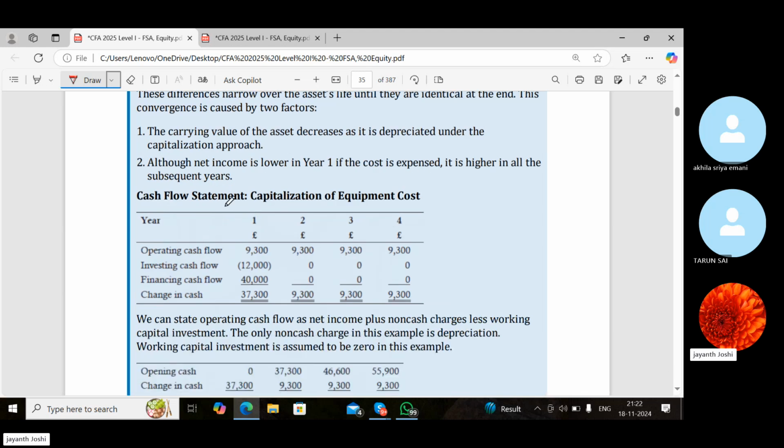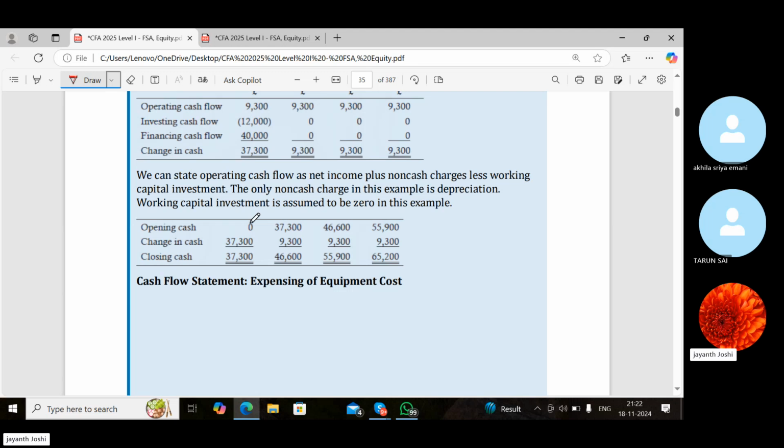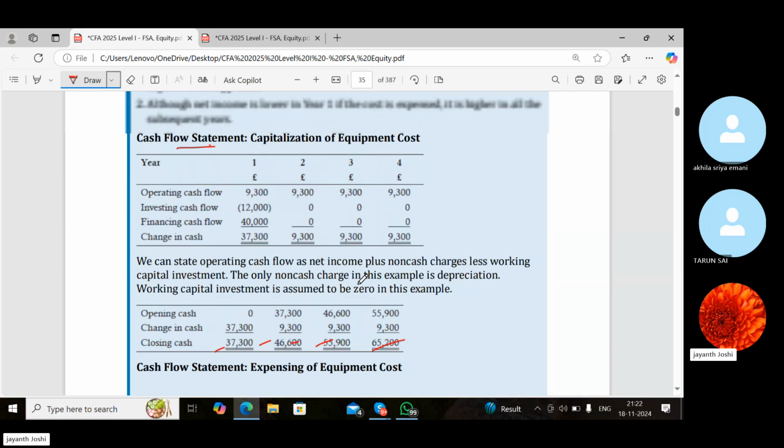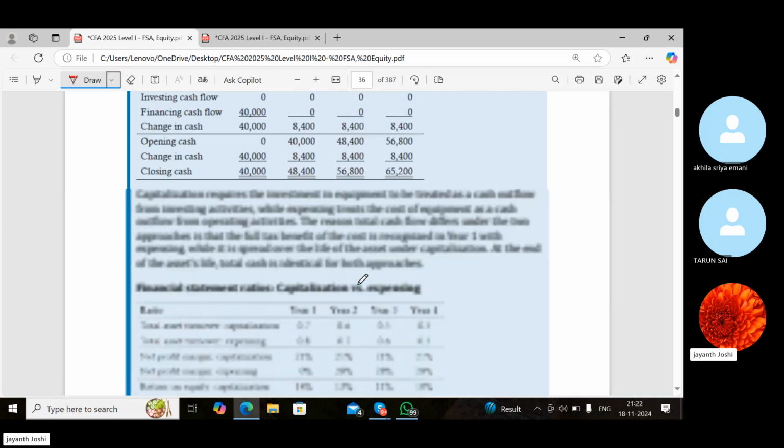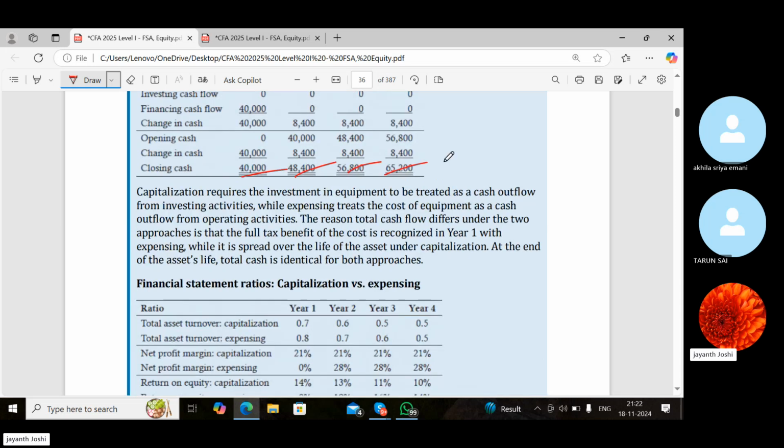And also here you have the cash flow statement, whereby you have operating, investing and financing cash flows, and the closing cash balances are given to you. Okay, this is in case of capitalizing. And in case of expensing also, you have calculated the closing cash balances. Fine. Now we will find out the ratios.